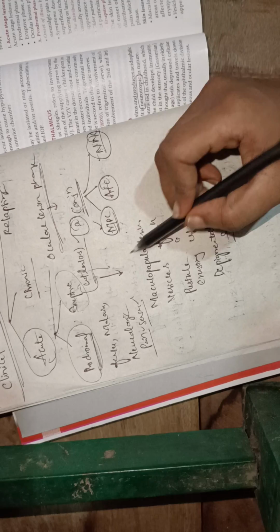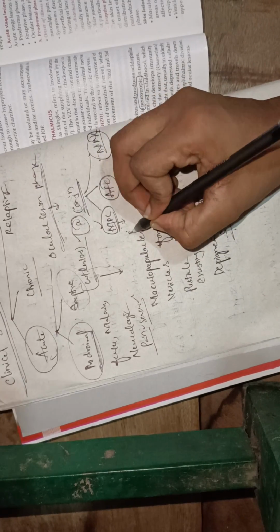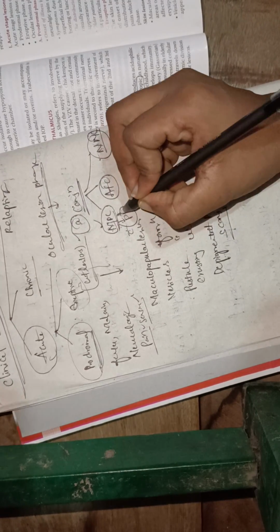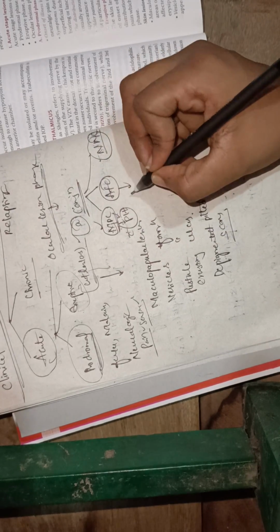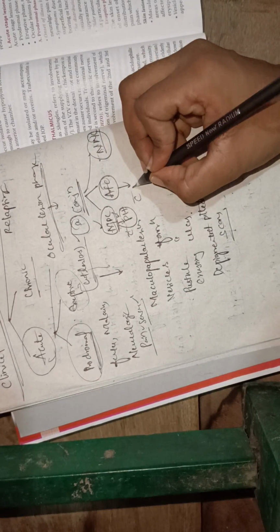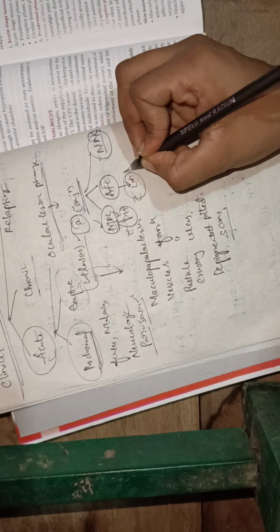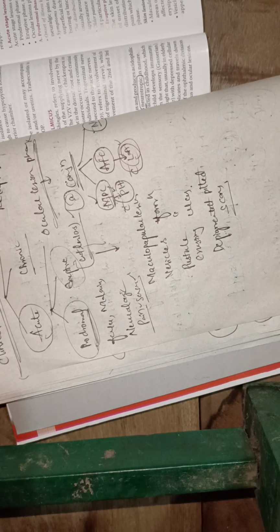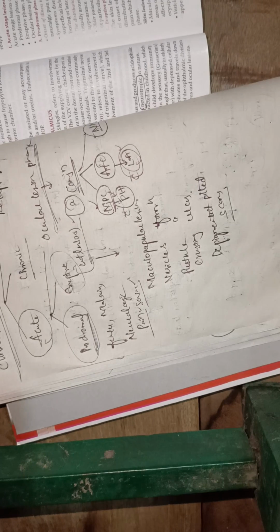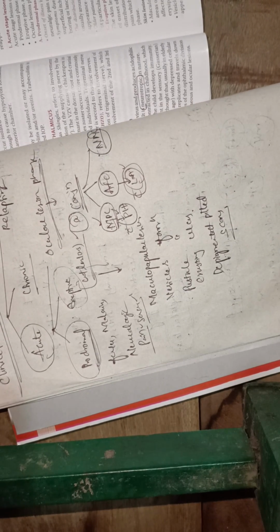Mucopurulent conjunctivitis is associated with petechial hemorrhages. Acute follicular conjunctivitis is associated with lymphadenopathy.